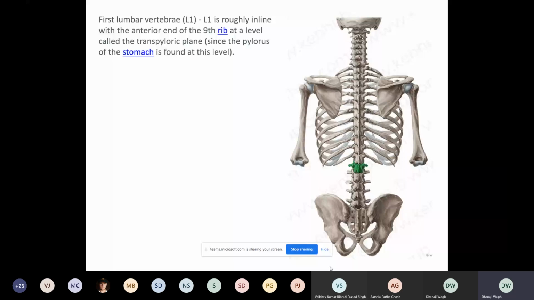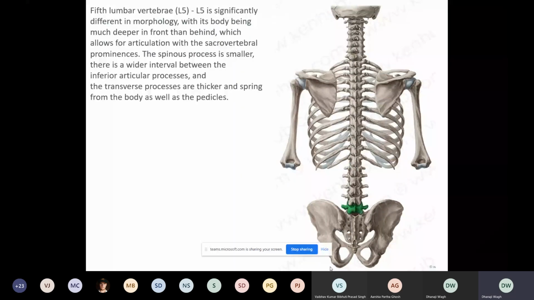Now another diagram you can see, in green color, is the fifth lumbar vertebra. It is significantly different in morphology, with its body being much deeper in front than behind. So what is this? It allows for articulation with the sacrovertebral prominence. The spinous process is smaller.